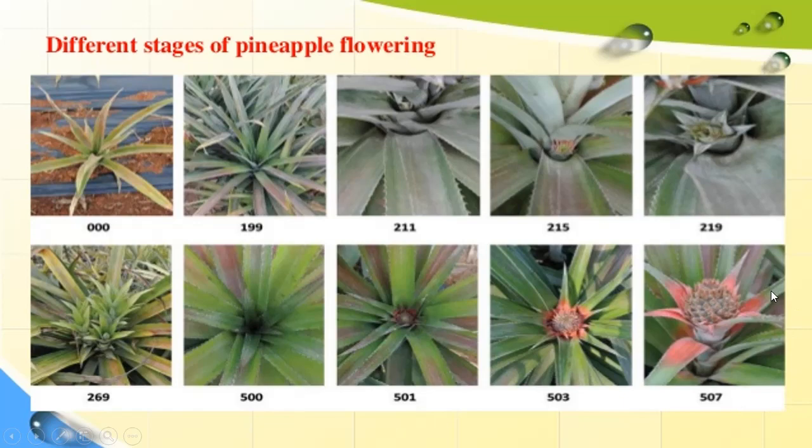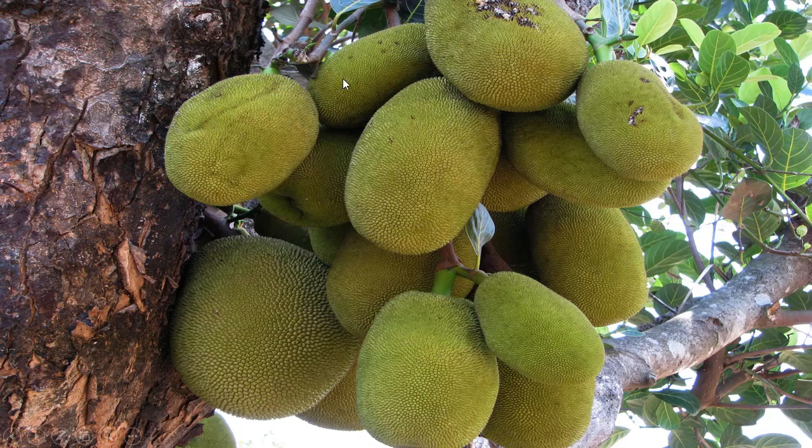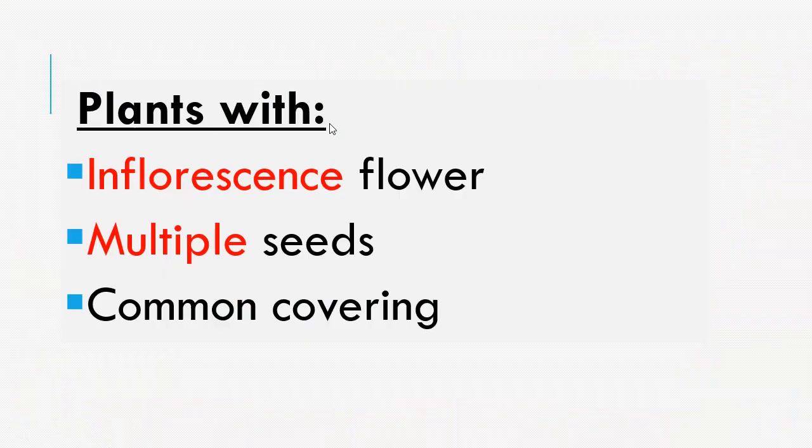All right. Now, these are the plants with inflorescent flowers. It has multiple seeds and a common covering. These are the plants with multiple flowers and an inflorescence structure, which turn into a single covered fruit and have multiple seeds.